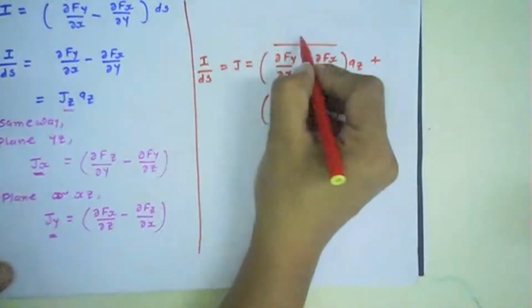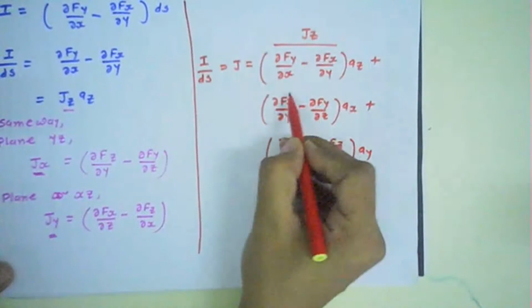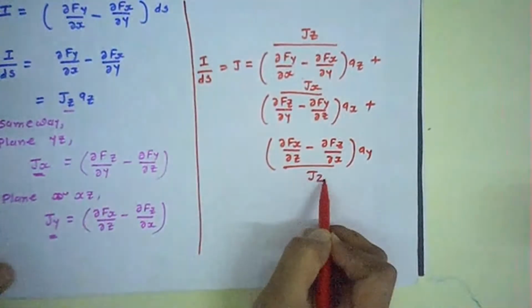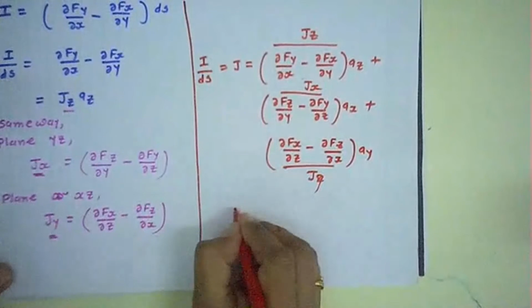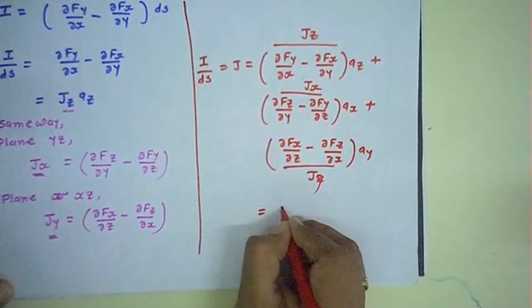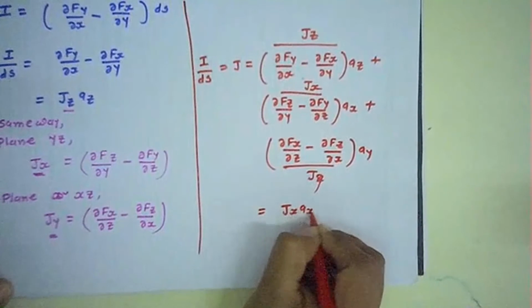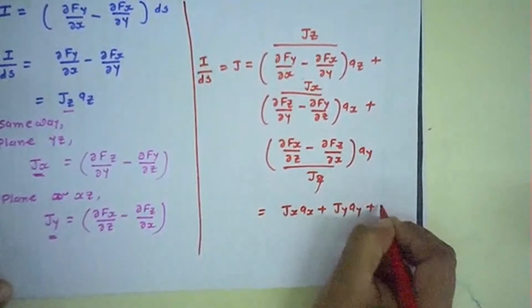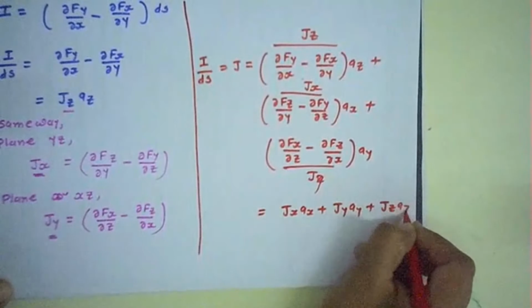So this is my Jz component, this is my Jx component, and this is my Jy component. So we can write Jx ax plus Jy ay plus Jz az.